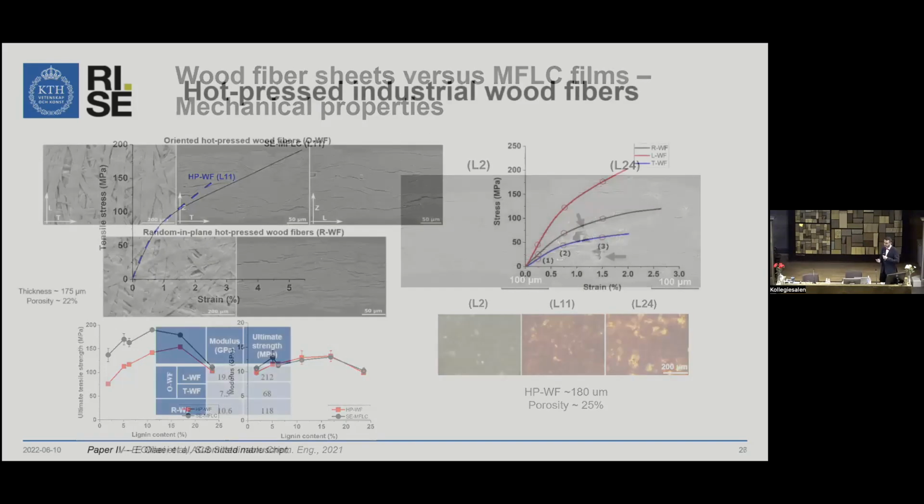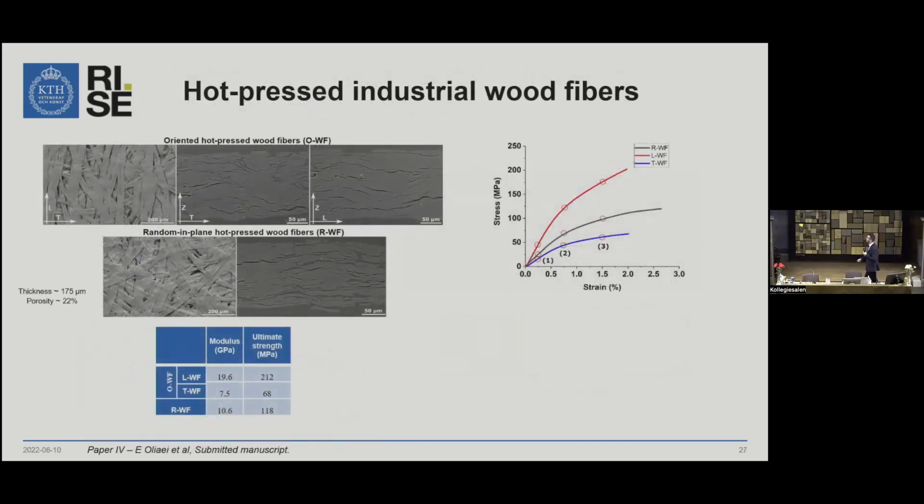We have then also created hot-pressed wood fiber structures from industrial wood fibers, oriented structures, and also random in-plane wood fiber structures. For the orientation, we used a dynamic sheet former, and then we did hot pressing in a similar manner.